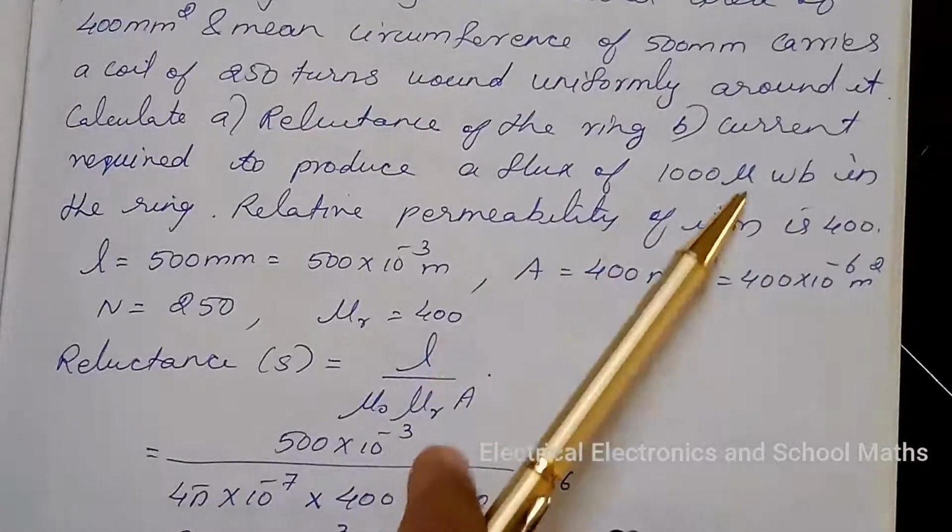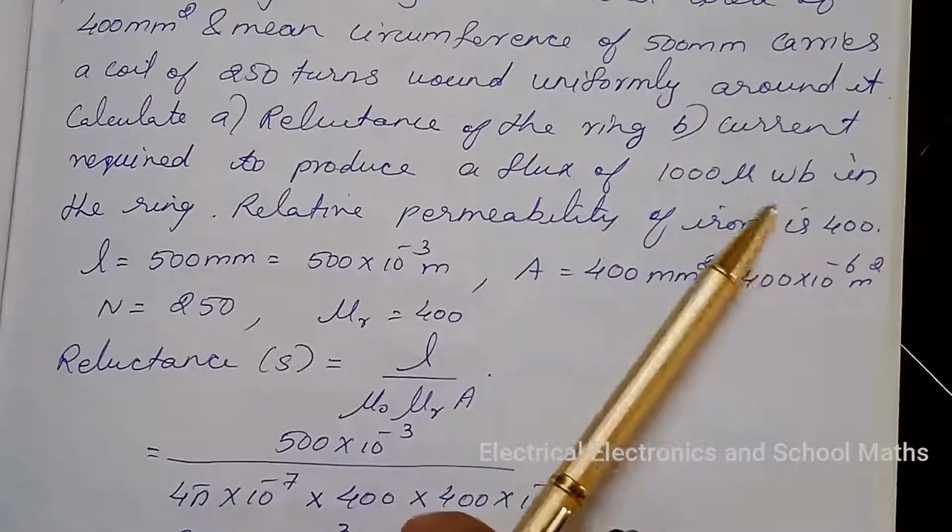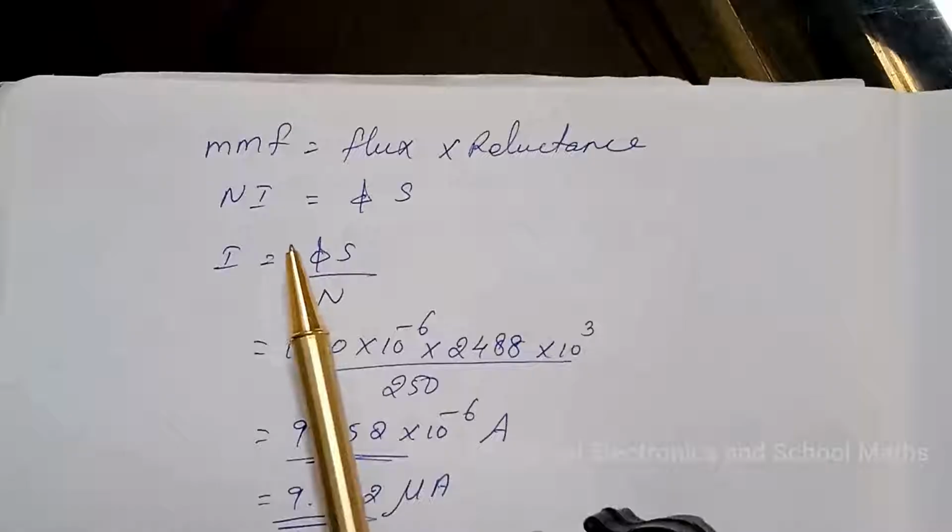And next we have to find the current required to produce a flux of 1000 microweber in the ring.